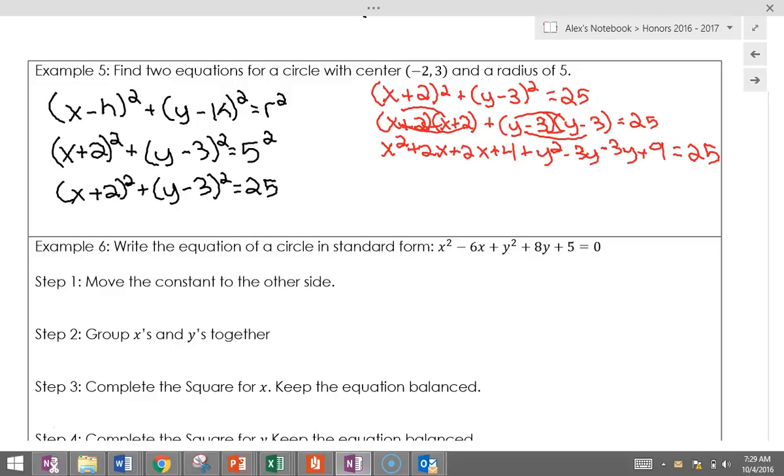So I'm just going to combine my terms. I have 1x squared, I have 4x's, I have 1y squared, minus 6y, and I have 4 and 9. So just combining all my terms there.